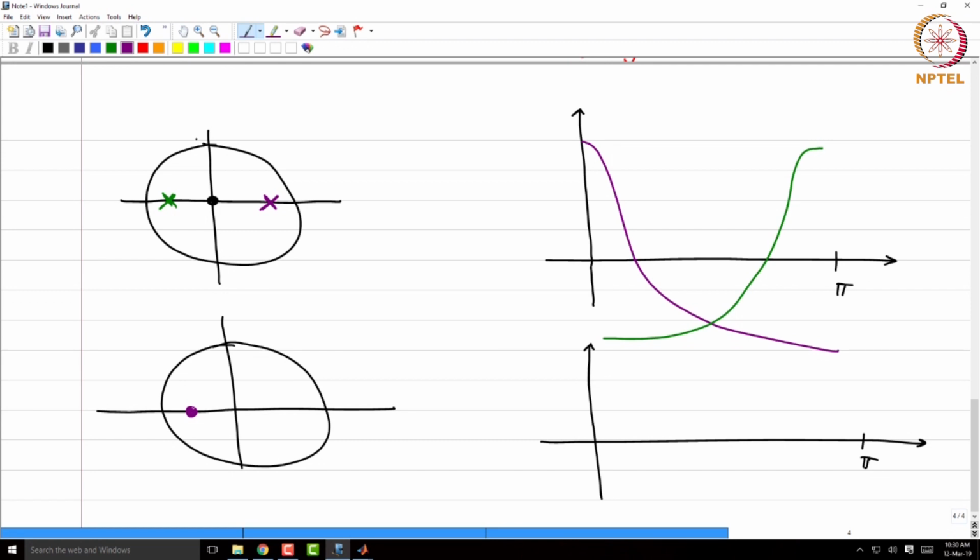But now look how the response changes. The response will be something like this. These are rough sketches. And similarly, when you have a high pass filter, the response will be something like this.